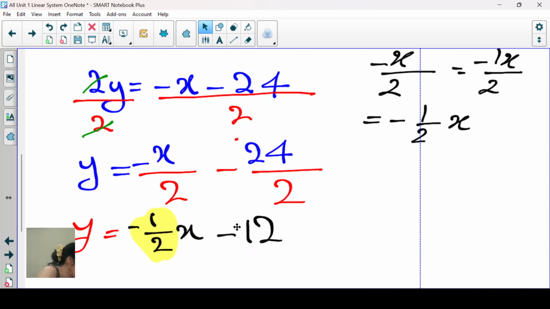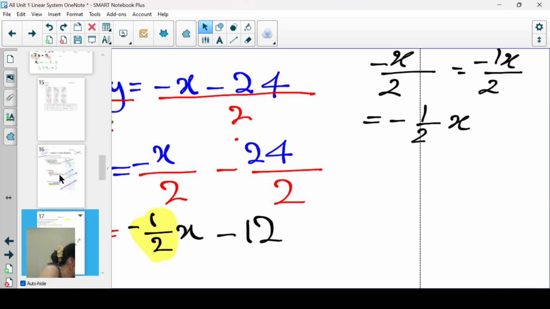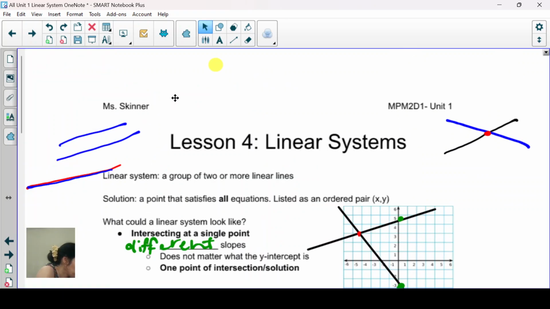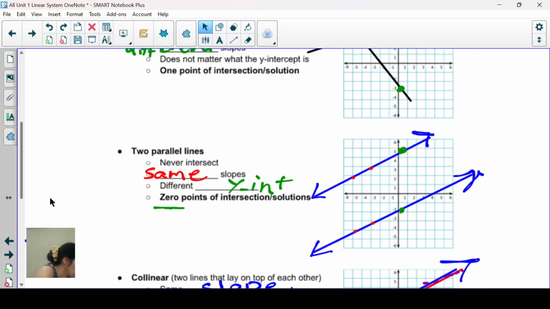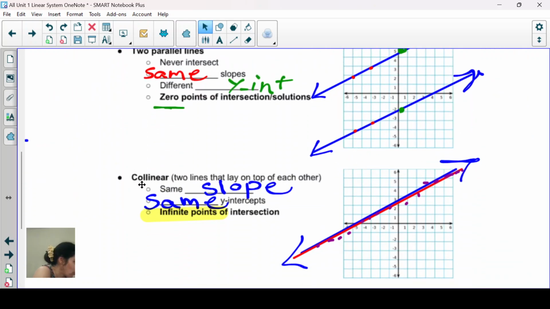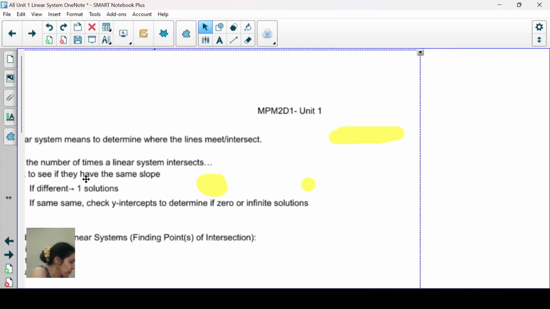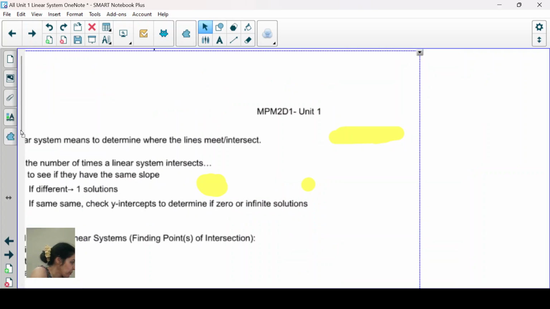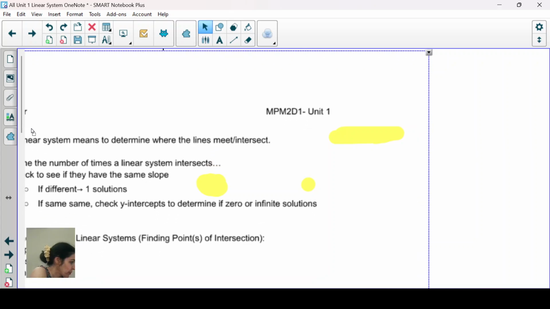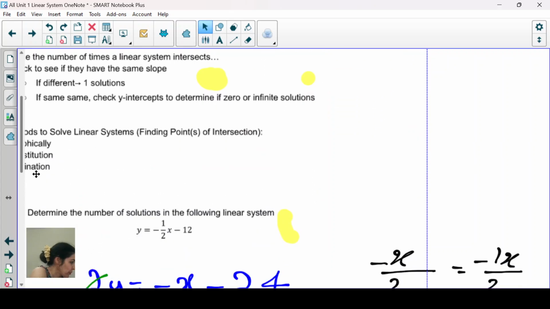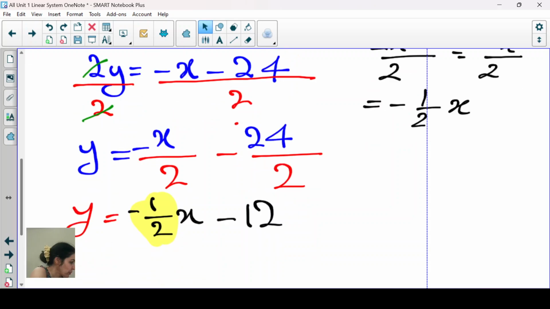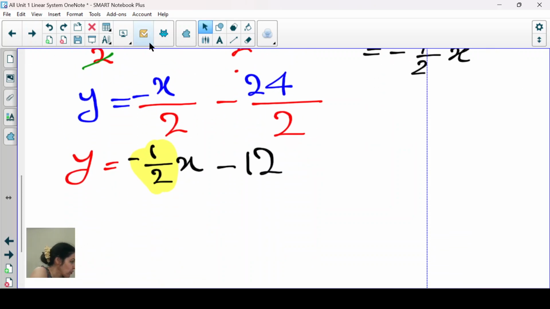They are the same line, so they are collinear. See? They are collinear.